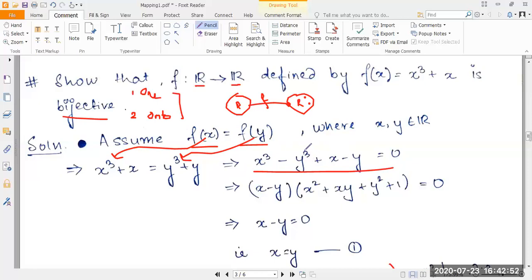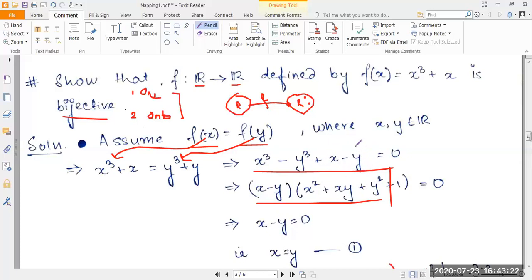Now we know that x cube minus y cube can be split into (x minus y) into (x square plus xy plus y square). If we replace x cube minus y cube with that expression, we are left with (x minus y) into (x square plus xy plus y square) plus (x minus y) from the previous expression.